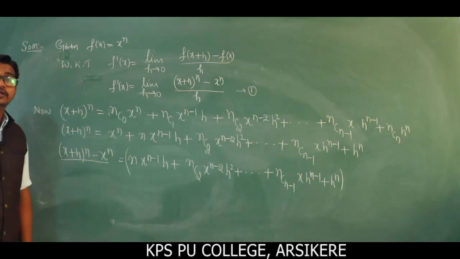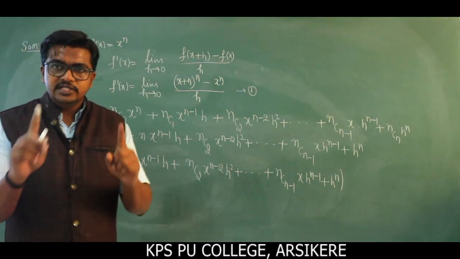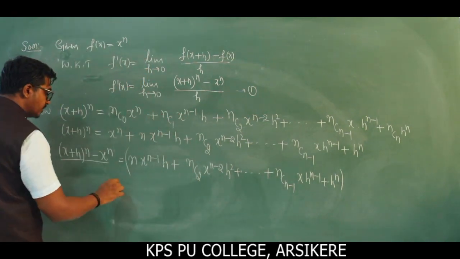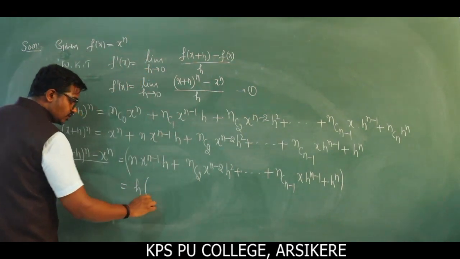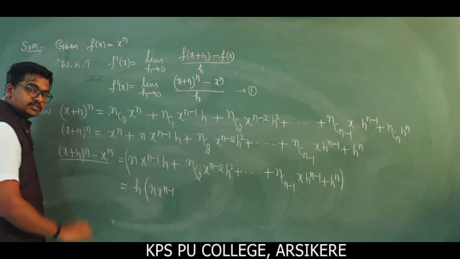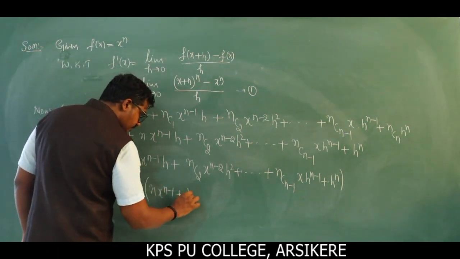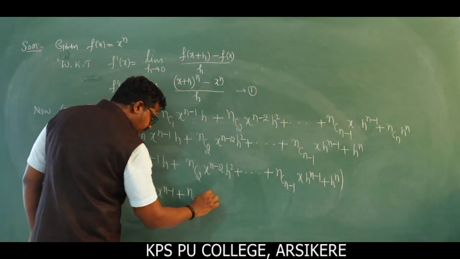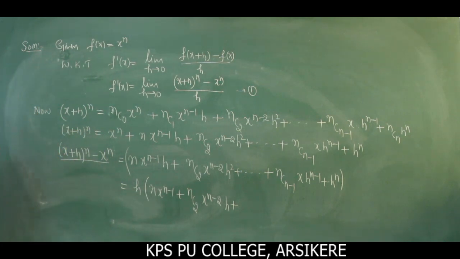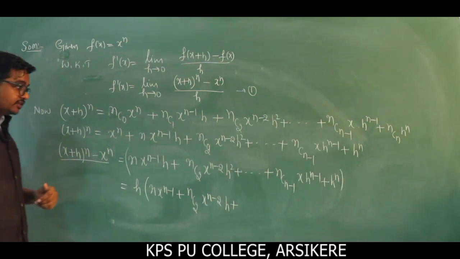If you observe carefully in the right hand side, in each term h is common, right? If I take h as common there, we will split. n into x power n minus 1, already we have taken h as common. Second term nC2 into x power n minus 2 into h, because h square is h into h, already one h has been taken outside, remaining we are left with h.